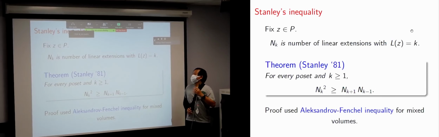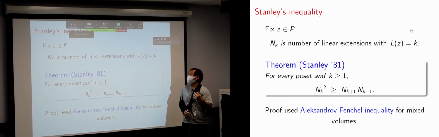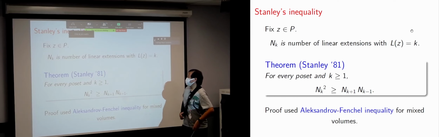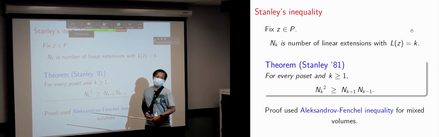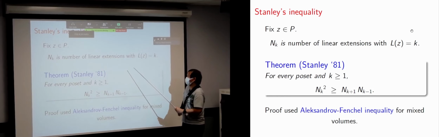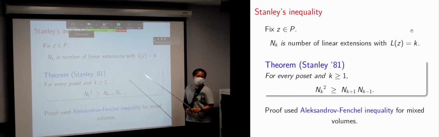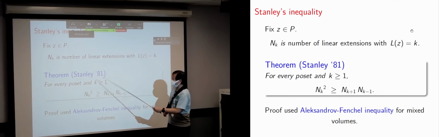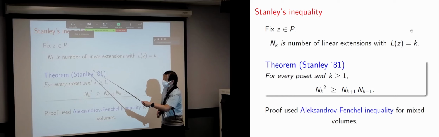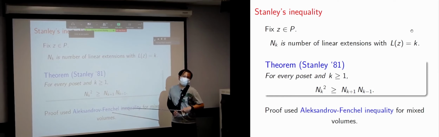And the log-concave inequality appears very naturally from the poset in the following way. First, we need to fix the element z in the poset. Now, n_k here is the number of linear extensions such that z is the k-th smallest element in the extension. Then, by Stanley in 1981, he shows that this sequence n_1, n_2, n_3 up to n_n is log-concave.